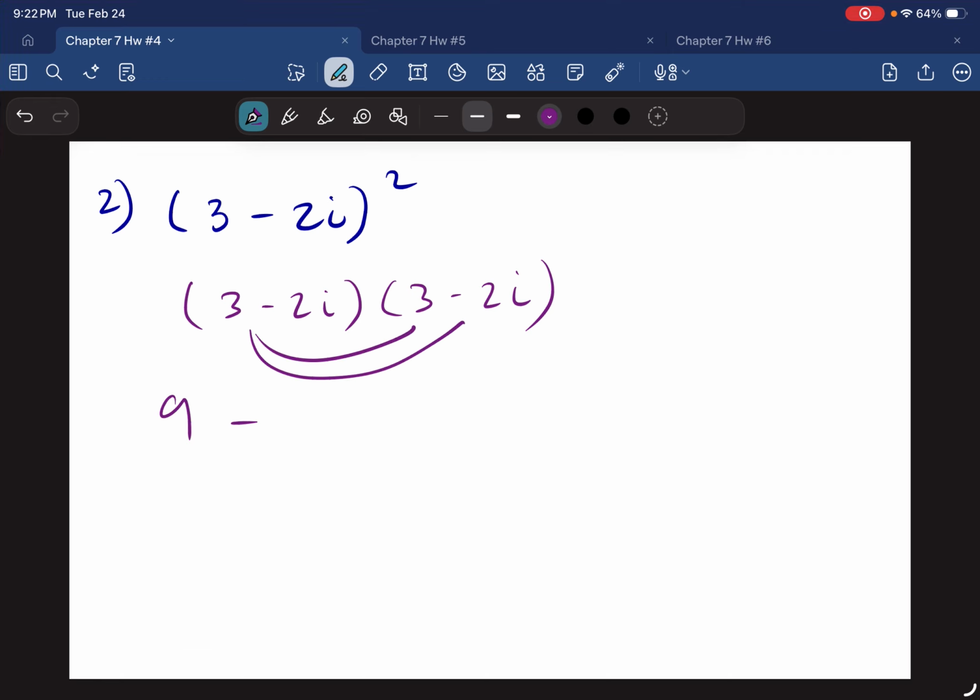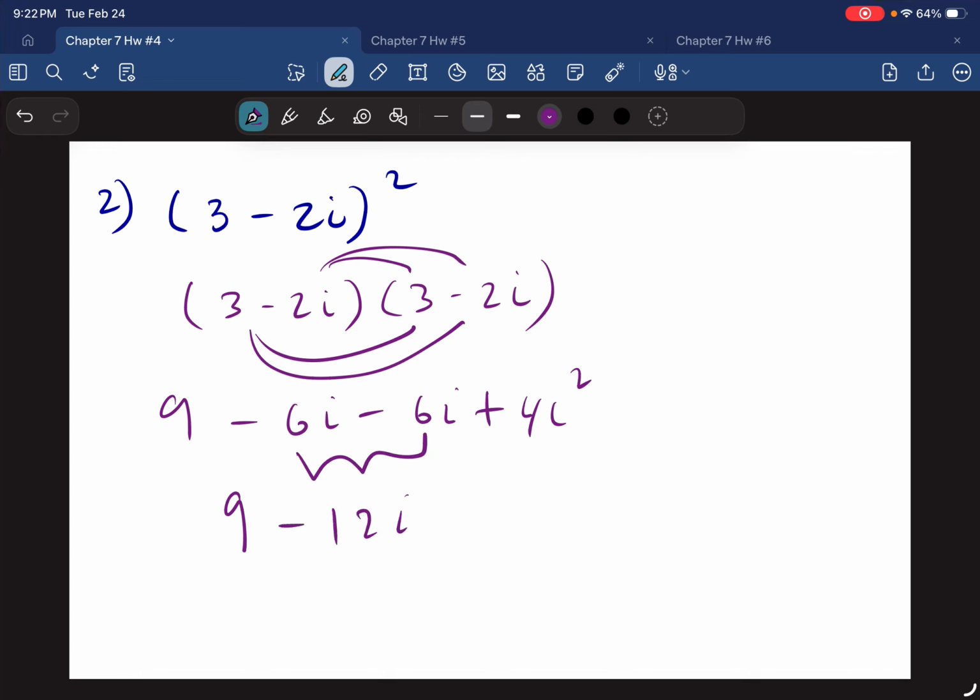That's going to be minus 6i, and that's going to be minus 6i, and that's going to be positive 4i squared. So just like the previous problem, we're going to combine like terms, and whenever I see an i squared, I'm going to replace it with -1, okay? So 9, these ones are like terms, it'll be minus 12i, and this i squared right here, that's -1, so let's rewrite that.